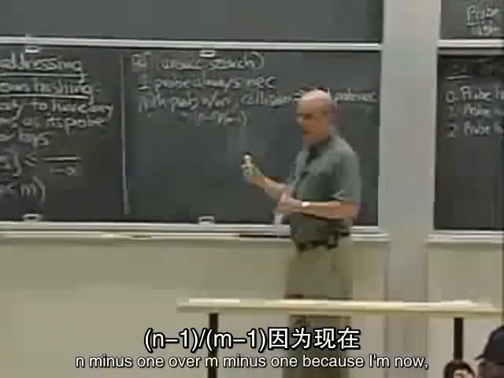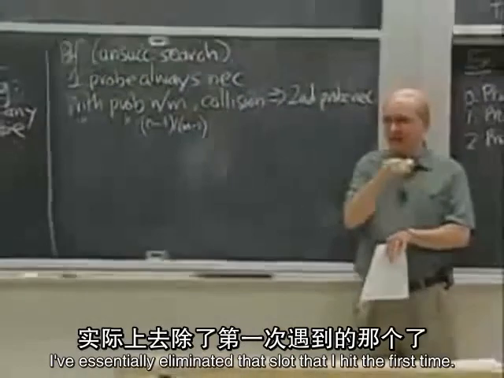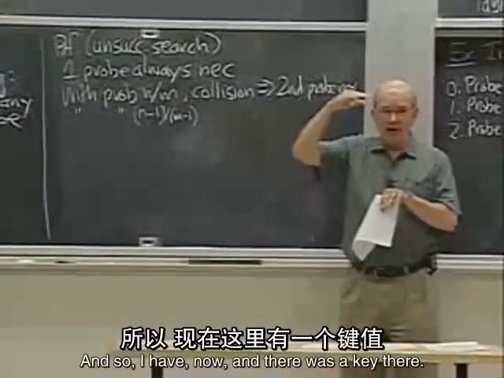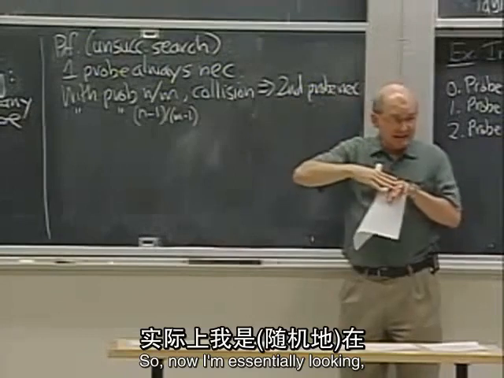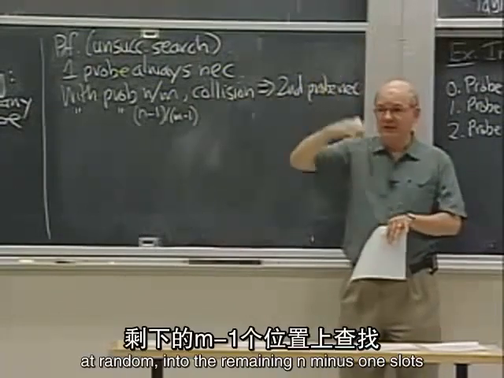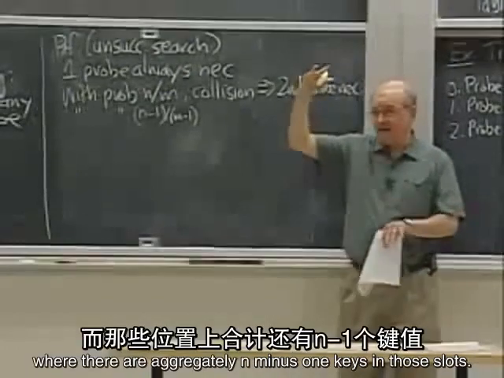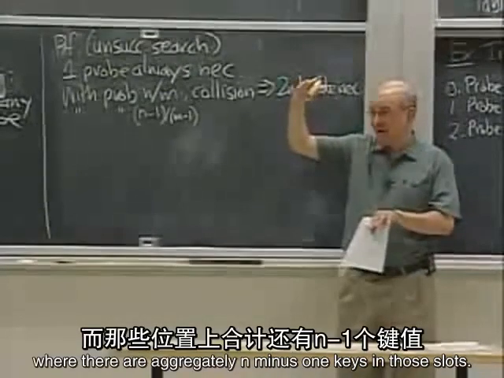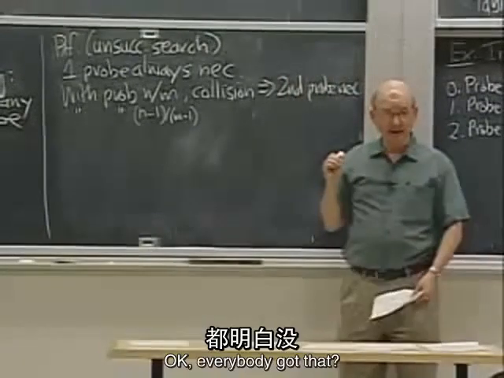Because I've essentially eliminated that slot that I hit the first time, and there was a key there, so now I'm essentially looking at random into the remaining m minus 1 slots where there are aggregately n minus 1 keys in those slots. Okay, everybody got that?